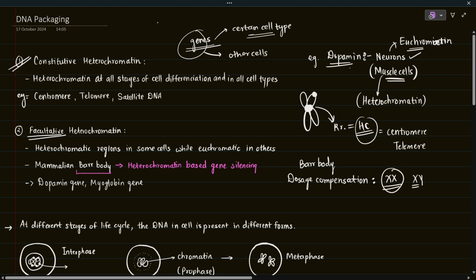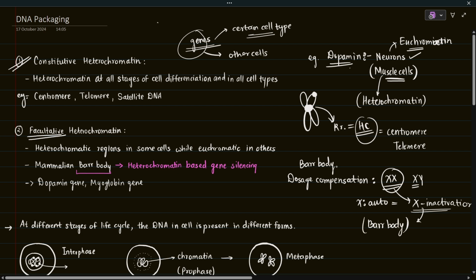To balance the X chromosome to autosome ratio, what do we do? We inactivate one X chromosome. So there will be inactivation of an X chromosome. This inactivated X chromosome forms the bar body. I hope you got it.